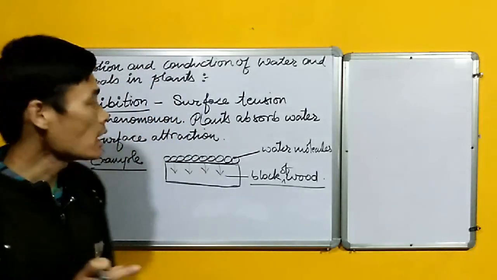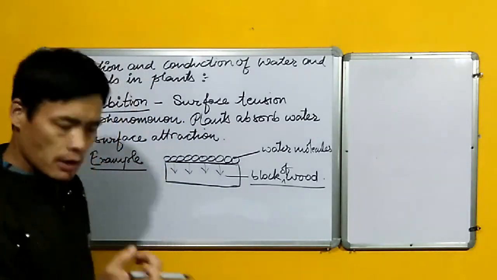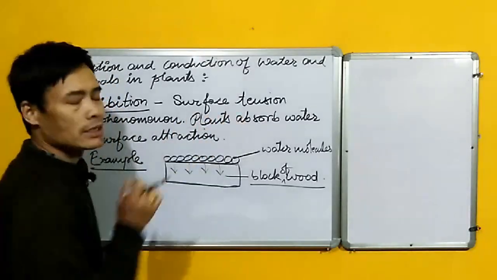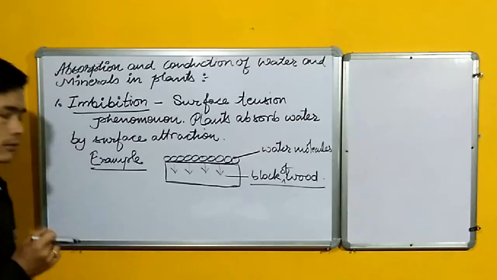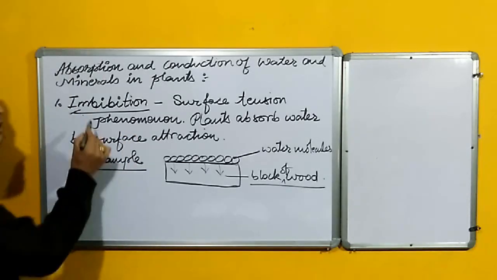So this phenomena whereby the plant acquires water through surface tension or surface attraction is called imbibition.